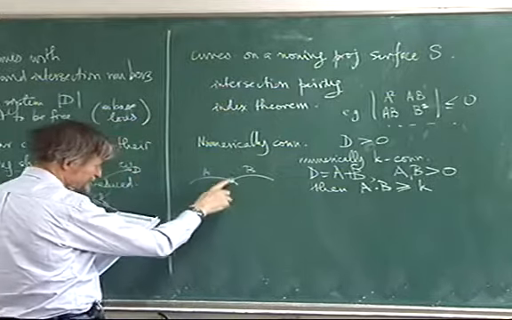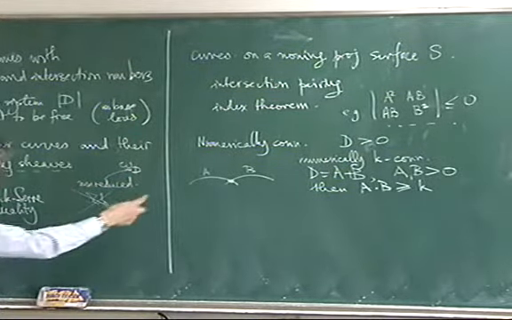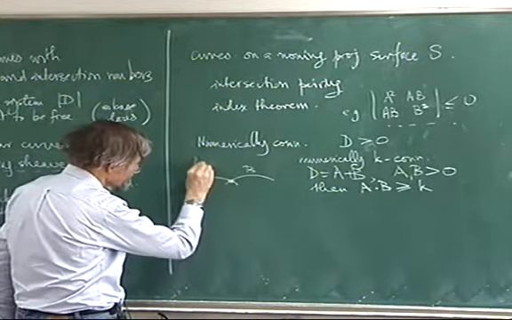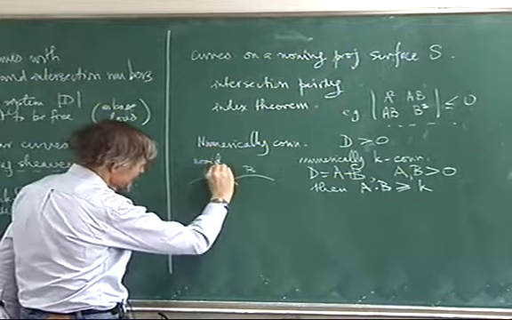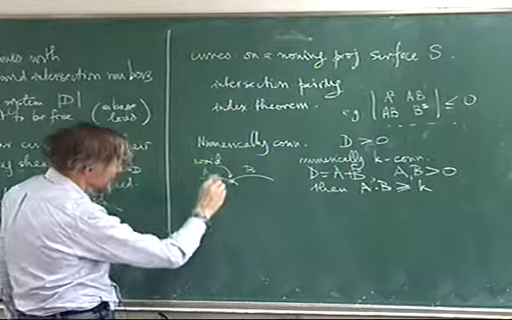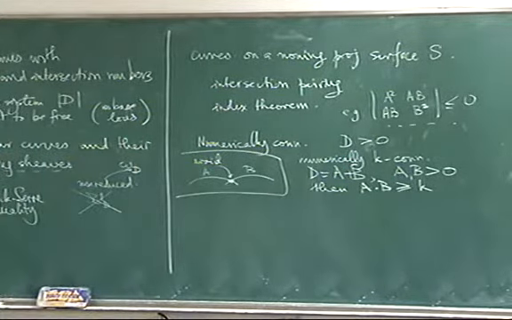If this happens, this point will certainly be a base point when I take the canonical class plus this divisor, and this is what I'm trying to avoid. There's one point which is a kind of weakness of the curve, and this definition avoids that.